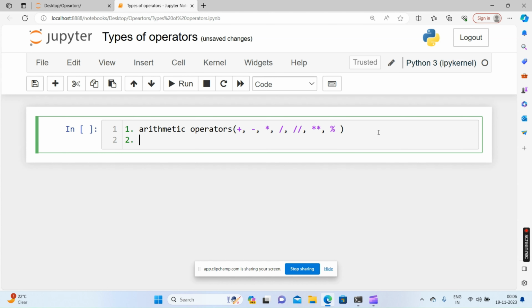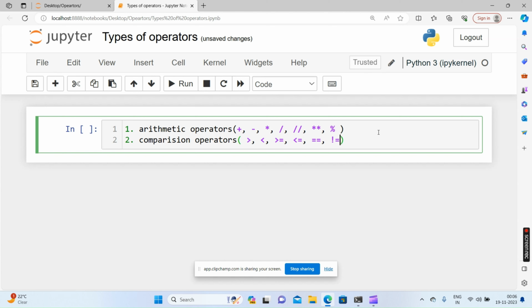Next type is comparison operators. Greater than, less than, greater than equal to, less than equal to, equal to, not equal to.